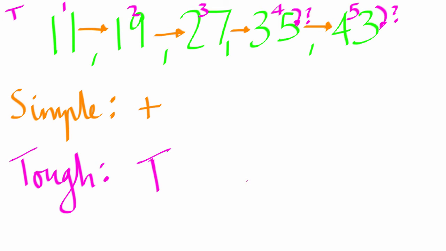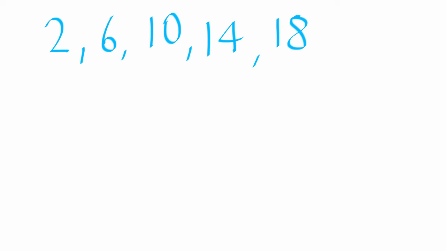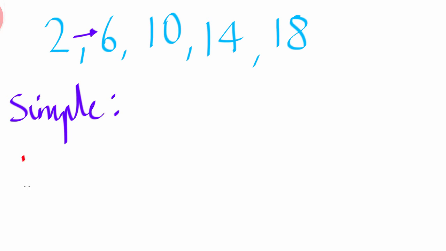Next question. Let's have 2, 6, 10, 14, 18. There we go. What is the simple rule? How do you get from one to the other? And the tough rule.